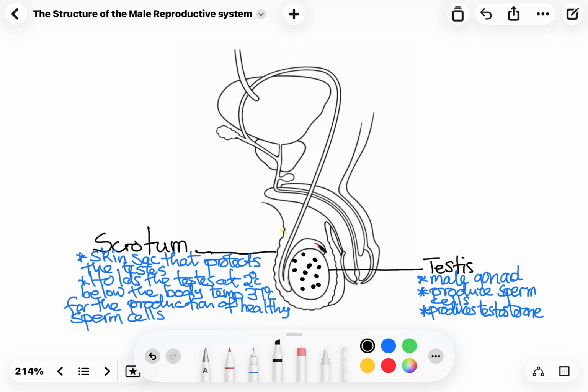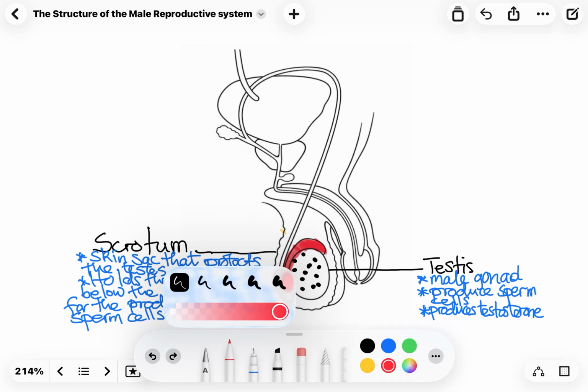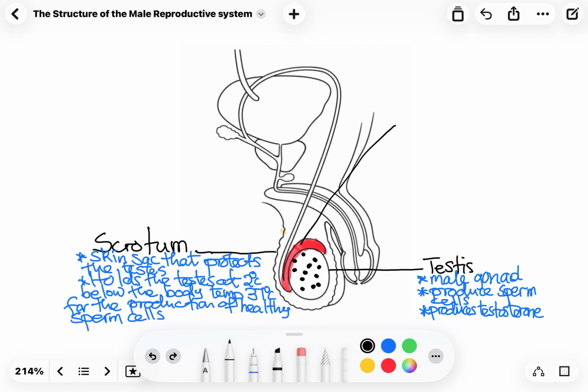This is where our sperm cells are going to be stored until they mature. We're going to identify it as the epididymis.